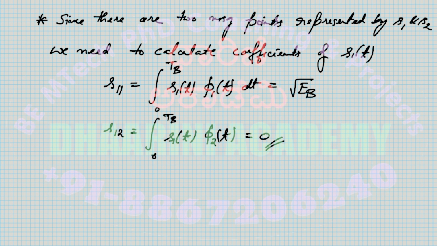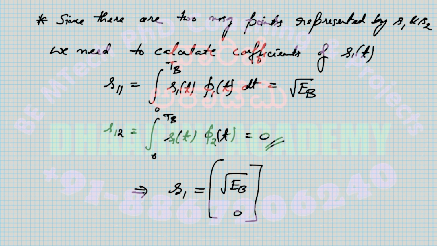That's why you write this. So when I write S1, I use the coordinates root Eb along the first axis, and 0 for the second axis. This is what you call the coordinate representation.